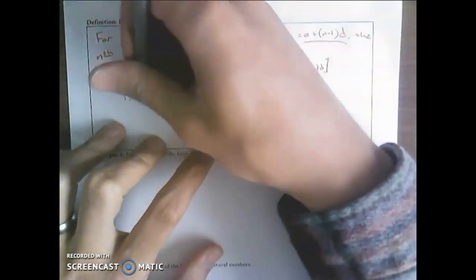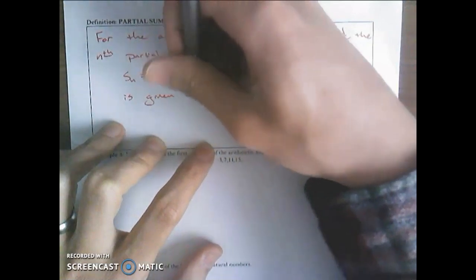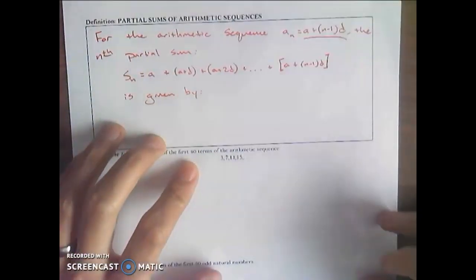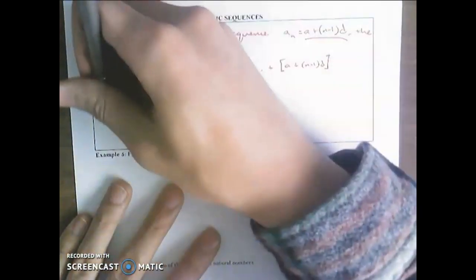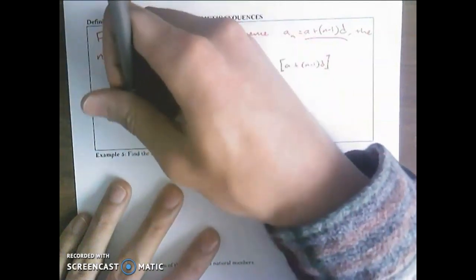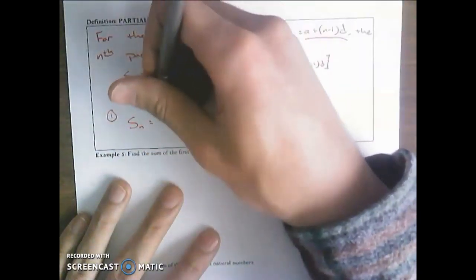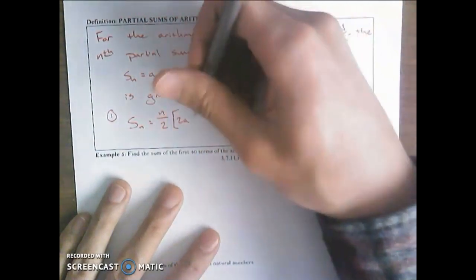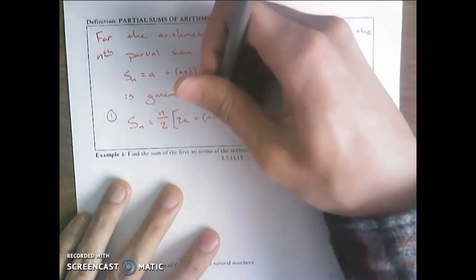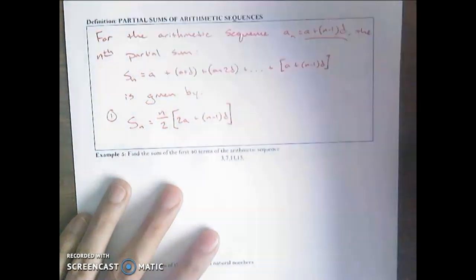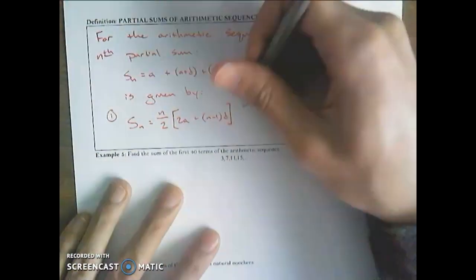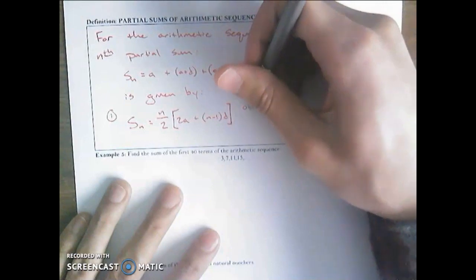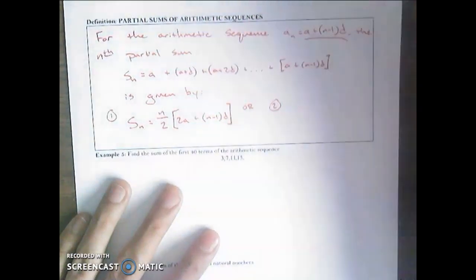We have 2 different ways to represent this sum. The first, I have Sn is equal to n over 2 times 2a plus n minus 1 times d. We can also, if we have an, use this formula.